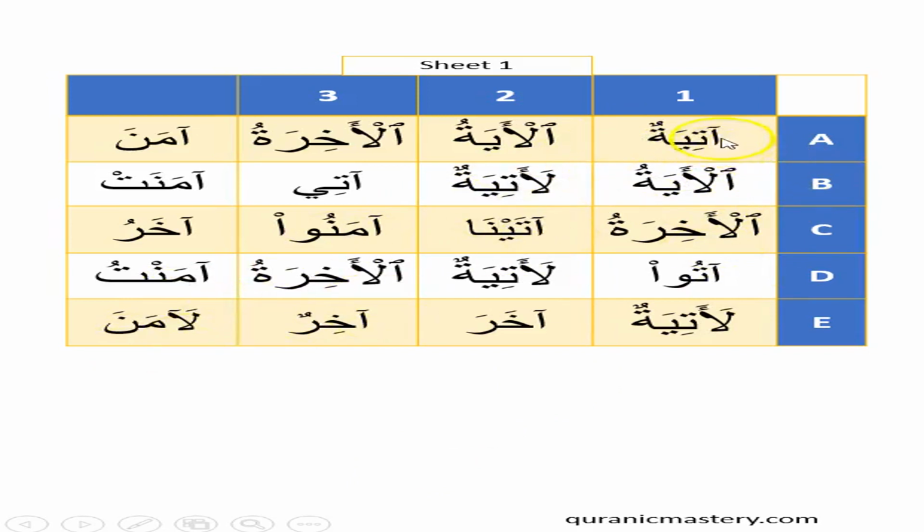So this is atiyatun, al-ayatu, al-akhiratu, amana, al-ayatu, la atiyatun, ati, amanat, al-akhiratu, atayna, amanu, akharu, atu, لآتية, الآخرة, آمنت, لآتية, آخر, and لآمن. So these are the types of words that this occurs with.